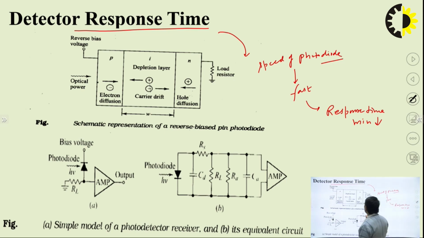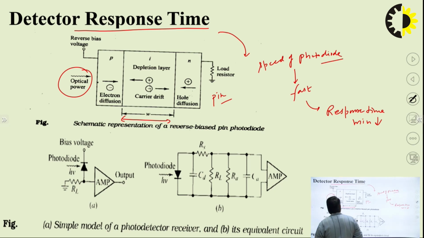So this is the diagram for the photodiode, PIN photodetector. This is the width of the depletion region. This is the optical power that is incident over the intrinsic layer, and reverse biasing is applied there. When the optical power is incident over the intrinsic layer, photocarriers are generated, electron and hole.